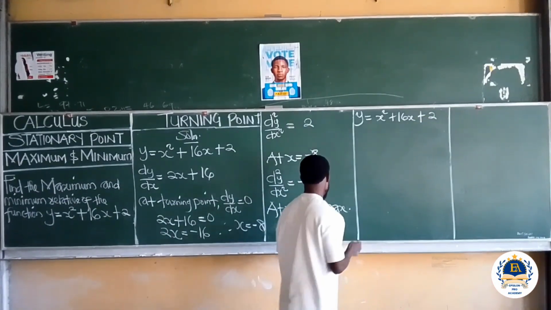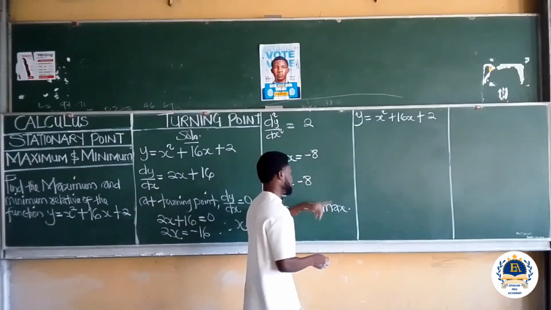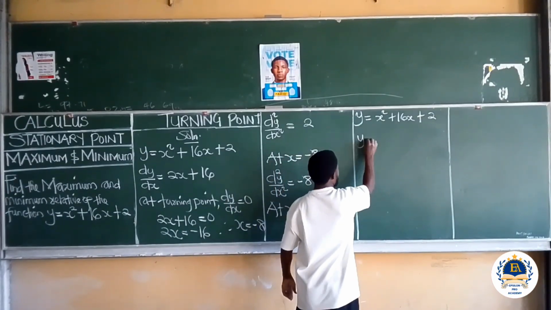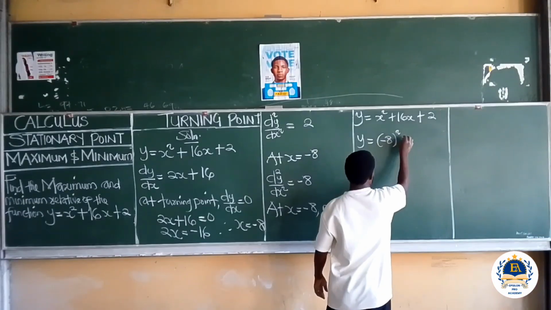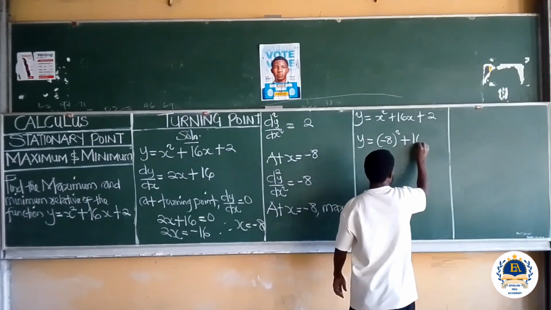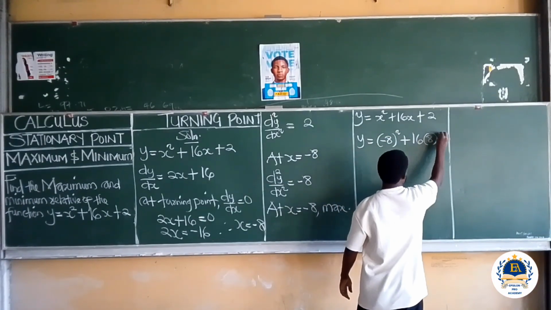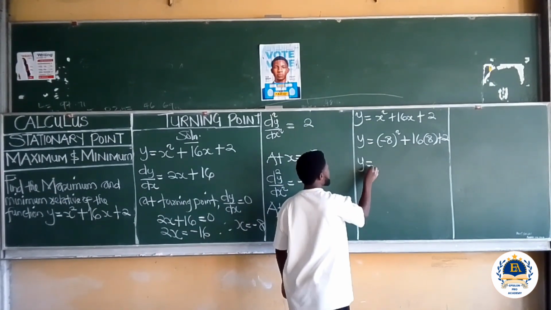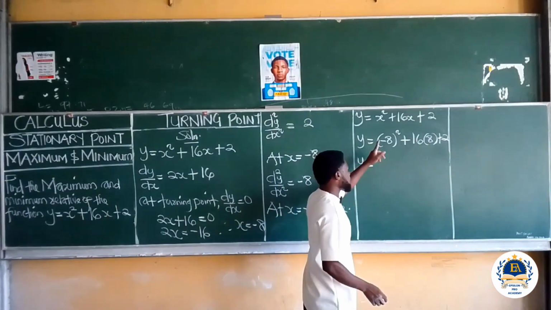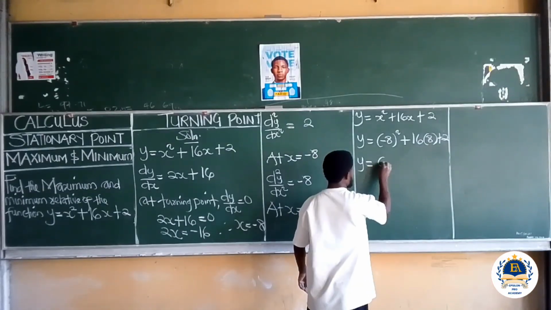So if I put minus 8 into this, that will give us y is equal to minus 8 squared plus 16 times minus 8 plus 2. So y is equal to minus 8 raised to the power of 2 gives 64.